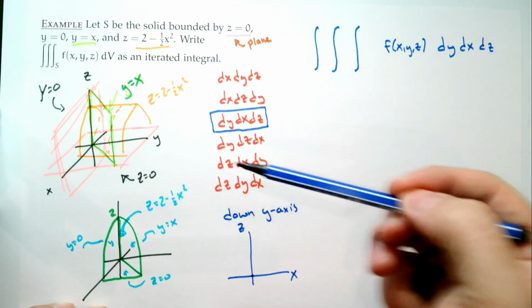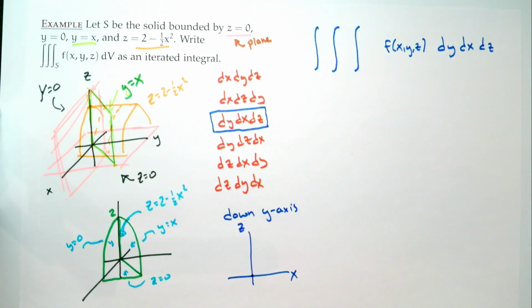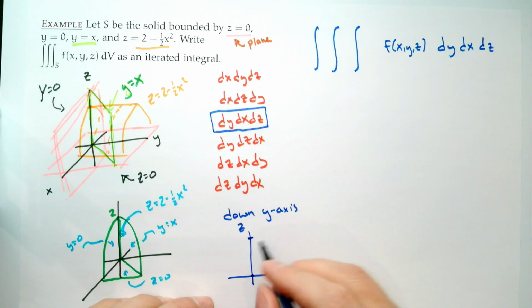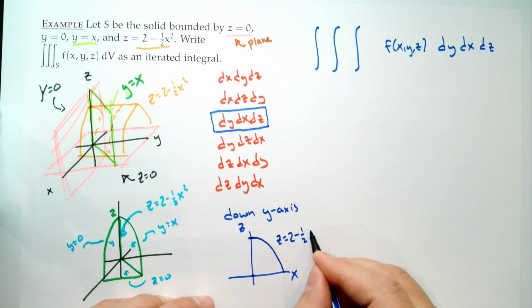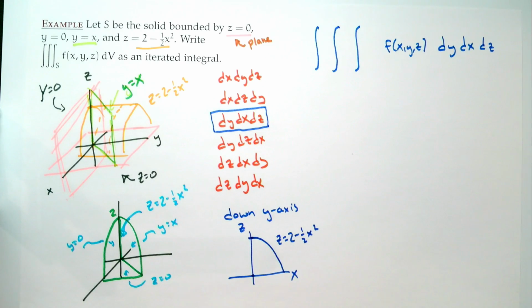When you're looking down the y-axis, because there's no y, that surface becomes just a curve. And what curve does it become? Well, it becomes the curve where I have z equals 2 minus a half x squared. And of course, similarly, z equals 0 becomes z equals 0.